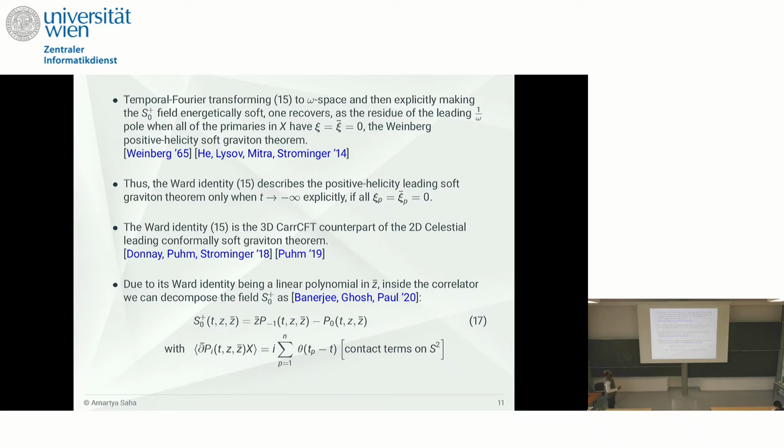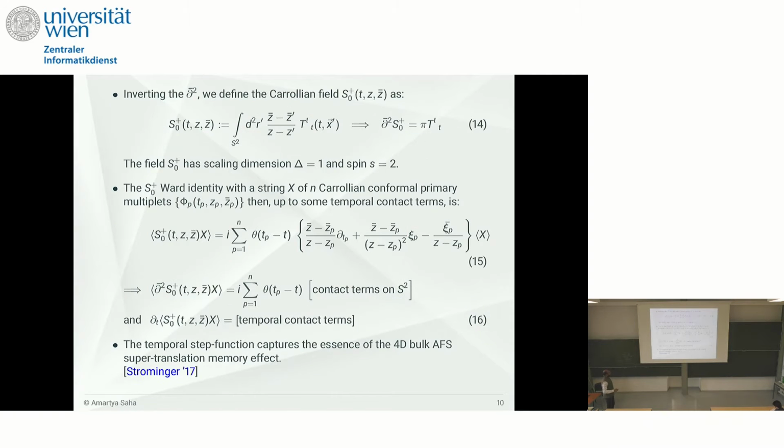To more directly see this soft factorization, we can temporal Fourier transform equation 15. We can be motivated to do the temporal Fourier transform this way. One is the Strominger triangle: there is this relation between soft theorem and Ward identity, and they are related by a simple Fourier transform.